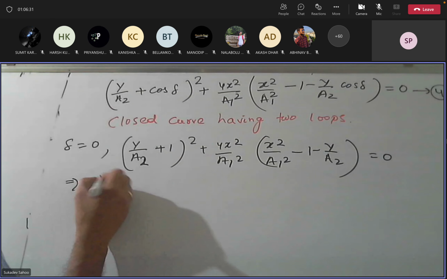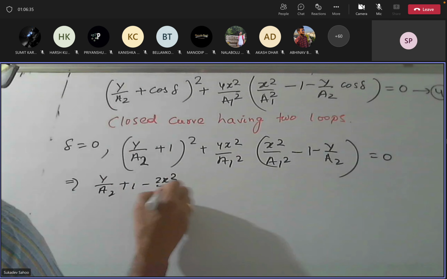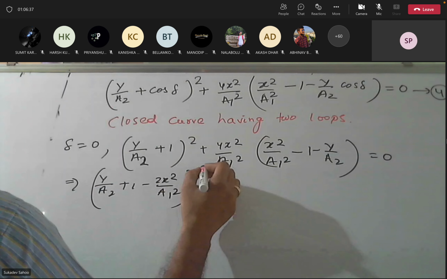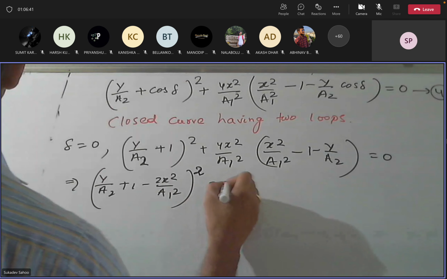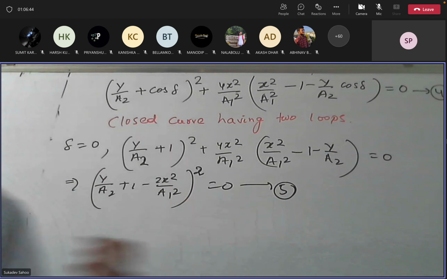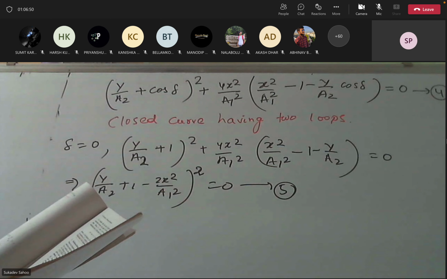This can be written as y by a2 plus 1 minus 2x square by a1 square, whole square, equal to 0. Now we see this equation number 5 represents two coincident parabolas.